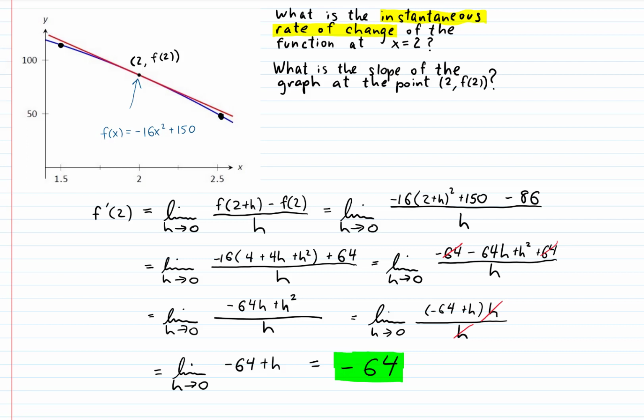Okay. Then you would say to yourself, okay, well, now that I understand how to do it, I guess I can do it 2 more times. And you would just change the number 2 to 1.5, do the problem again, and then change that number 2 to a 2.5 and do the problem again. Okay. Or if you're really smart about it, you can do the limit just one time without any number plugged in.